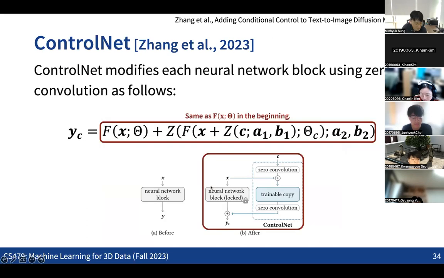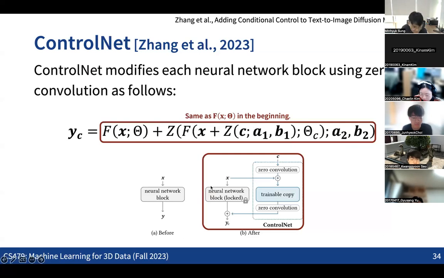In this case, we are starting from zero here, and this is zero. Over the fine-tuning, these numbers will be adapted so that the output of the zero convolution becomes not zero, but the input that we are getting from the conditional information.